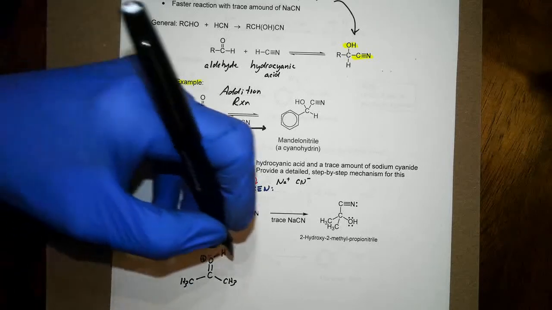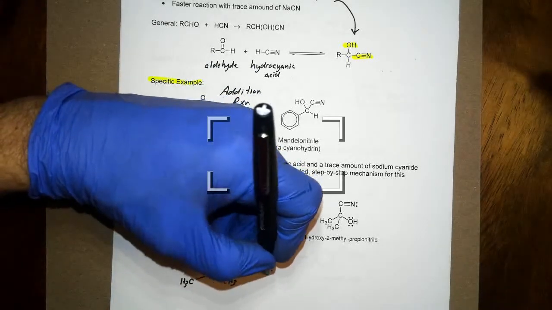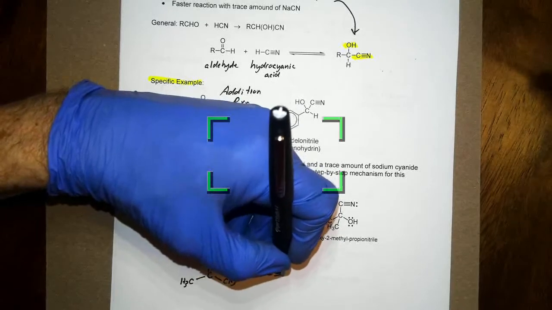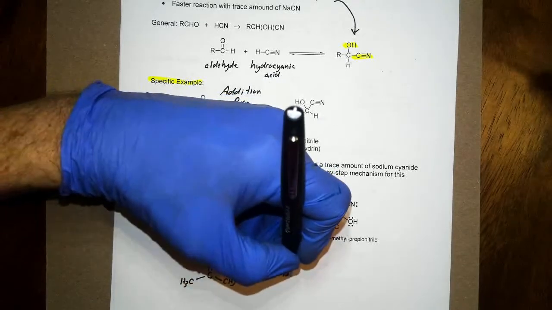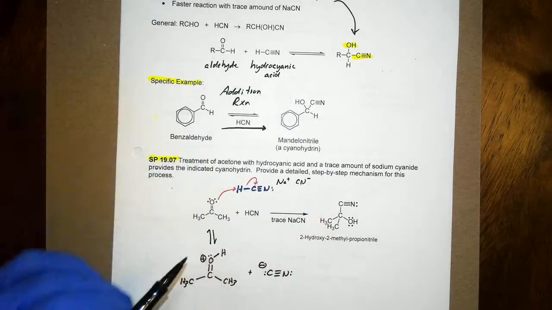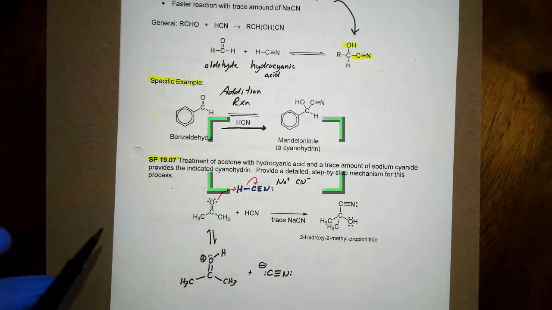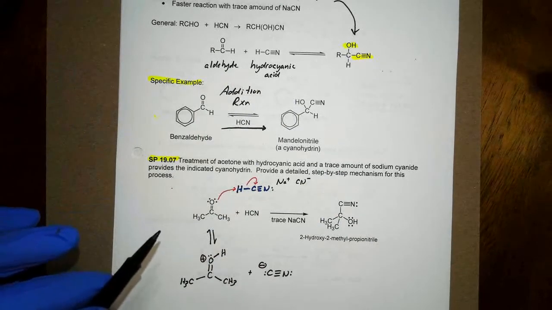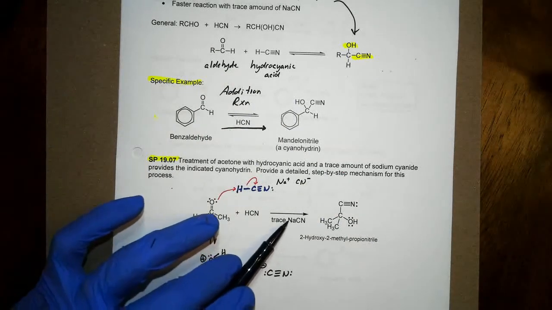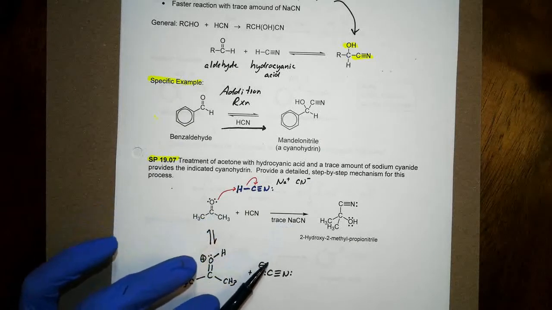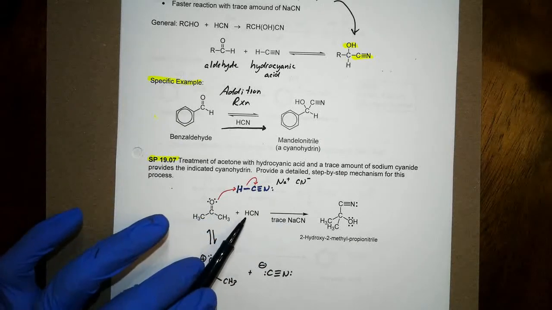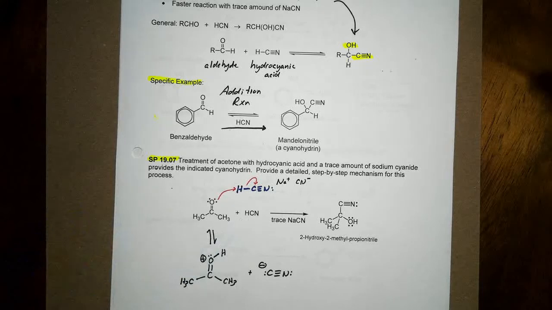Well, what do electrophiles need? They need nucleophiles, don't they? So the nucleophile came about as a consequence of liberating the proton from the hydrocyanic acid. And a little bit of, like I said, sodium cyanide in there will help you get the equilibrium in favor of this dissociating into the respective reactive components.